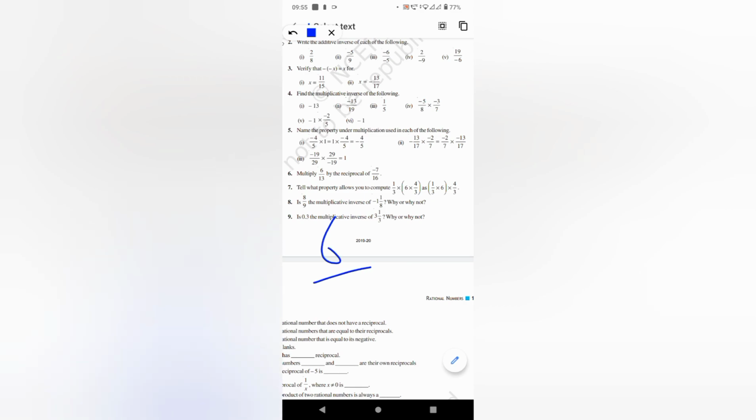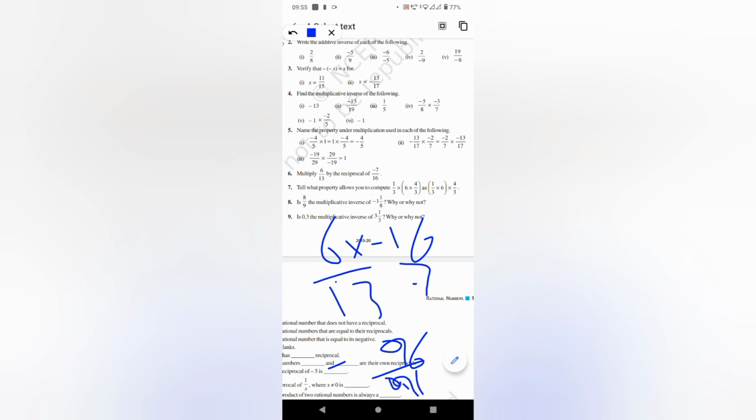We need to multiply 6 by 13 with the reciprocal of 16 by 17. It becomes minus 16 by 17. Then 16 into 6 becomes what? It becomes minus 96 by 91.